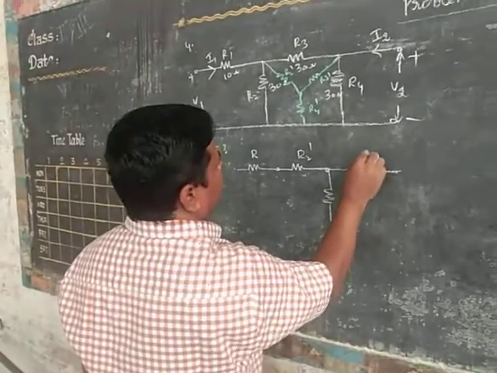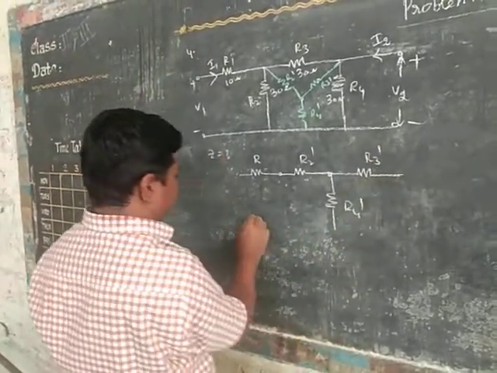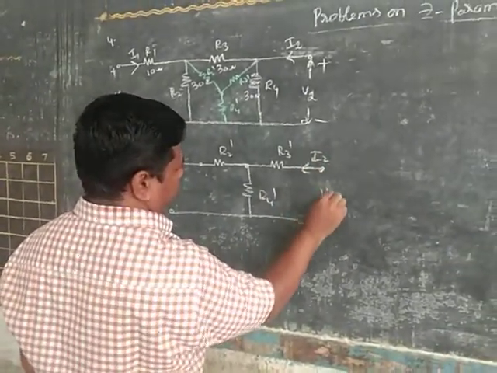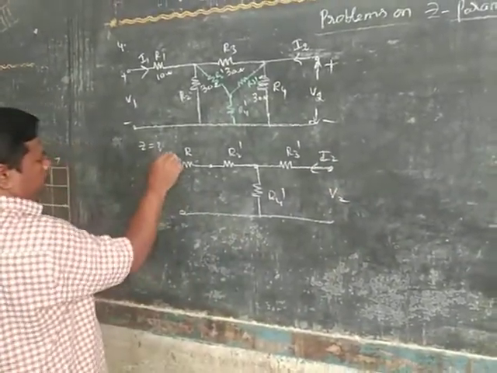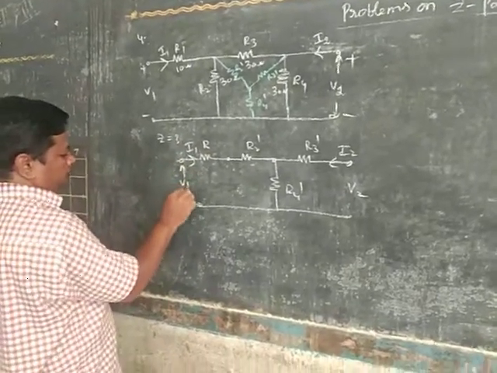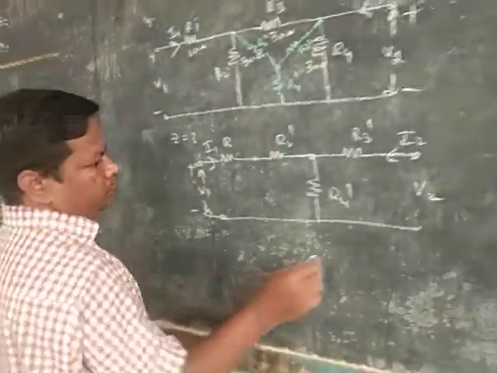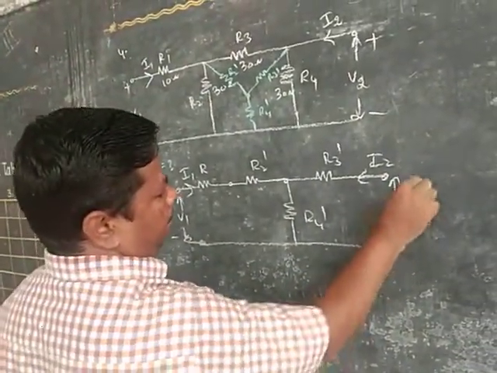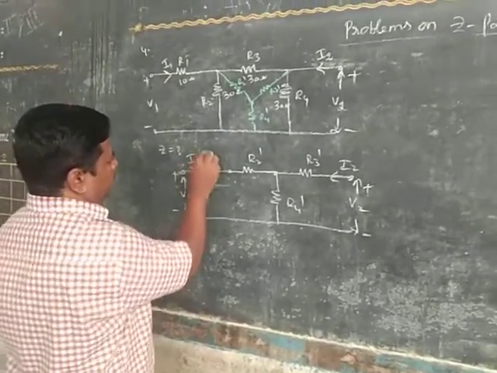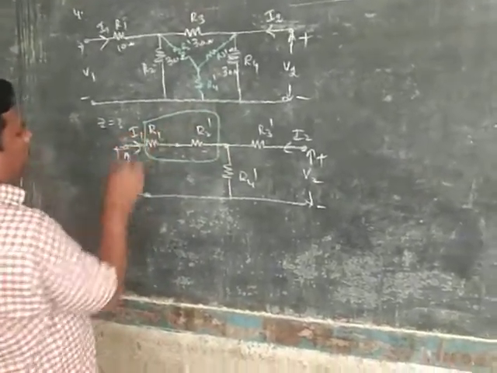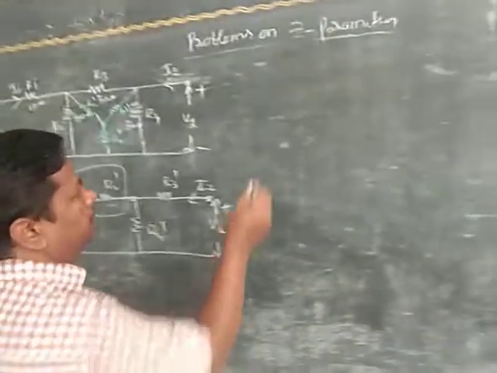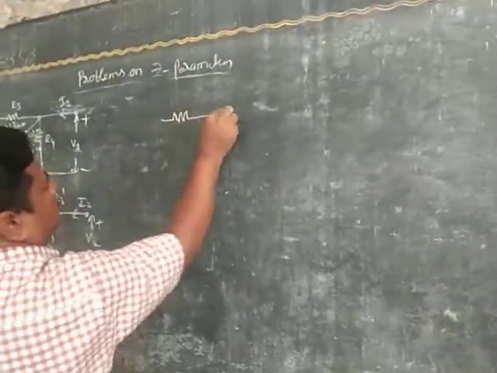Then the remaining is R3 dash. Observe here, these two are in series. R1, R2 dash are in series. And again the circuit.